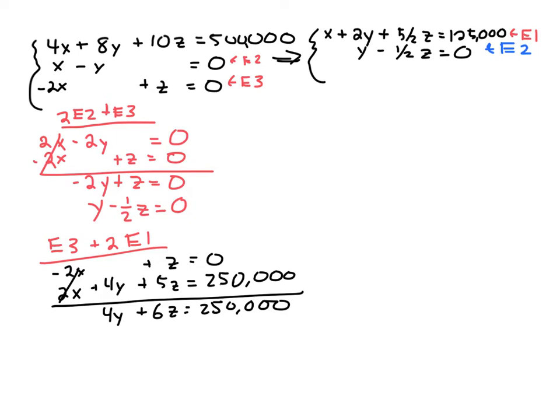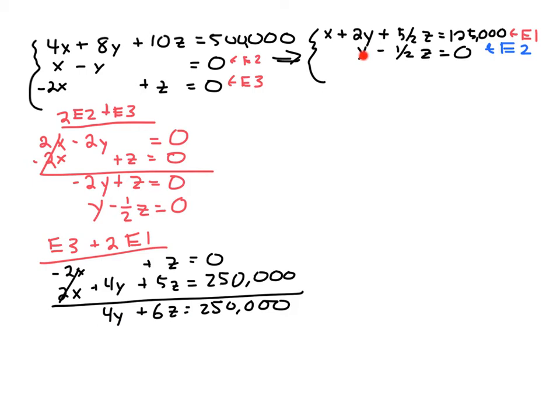Alright, now I need to get rid of the y. Remember, right now I'm trying to get this third equation to only have z, so I need to get rid of this y. So to do that, I'm going to take equation 2, and I'll multiply it by -4, and that should cancel. I'll just do this right here.